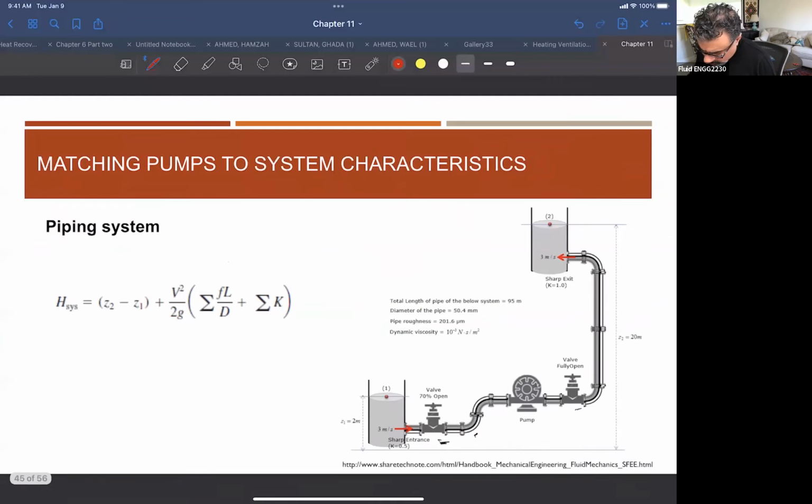So when we talk about the system between tank A and tank B, it is the potential head, the pressure head, the V squared over 2g kinetic head, plus all the losses, the frictional losses and the eddy losses, right? So even without the pump, for any system, and the system here is a piping system.